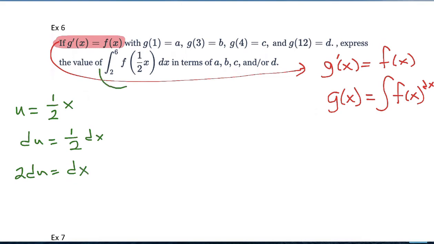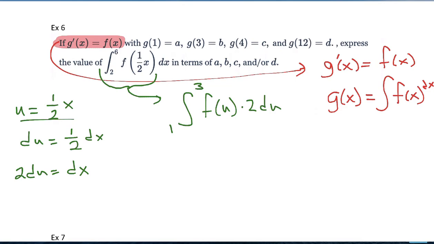That means we can write this integral right here as the integral of f of u times 2 du. Now, our bounds. If we plug in 2, we get 1. If we plug in 6 for x, we get 3. That's going to come into play when we get done with this.